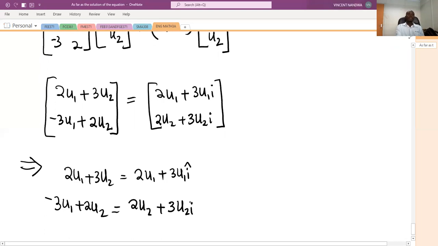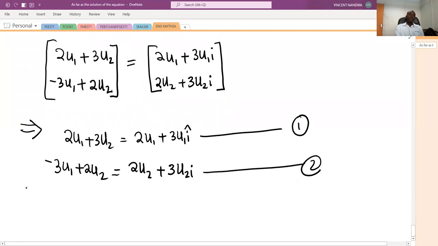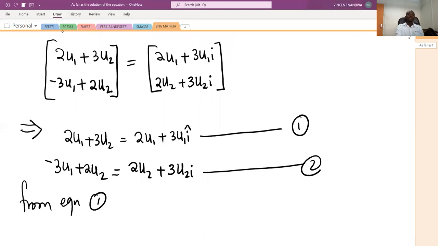If you call this one equation 1 and this one equation 2, then from equation 1, this and this are common.